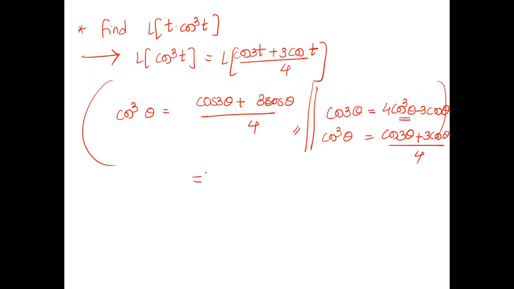Linearity. So here 1 by 4 comes out and Laplace of cos 3t plus, from this, 3 by 4 comes out into Laplace of what? Cos t. Sure. Do this.